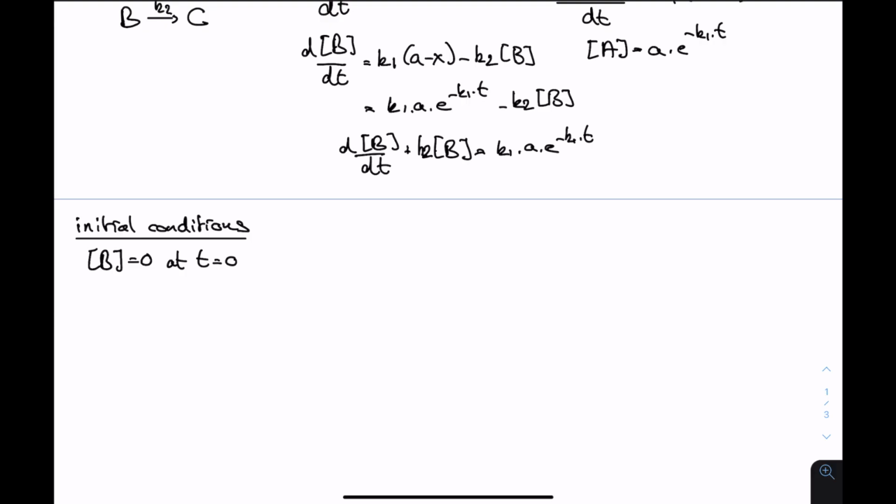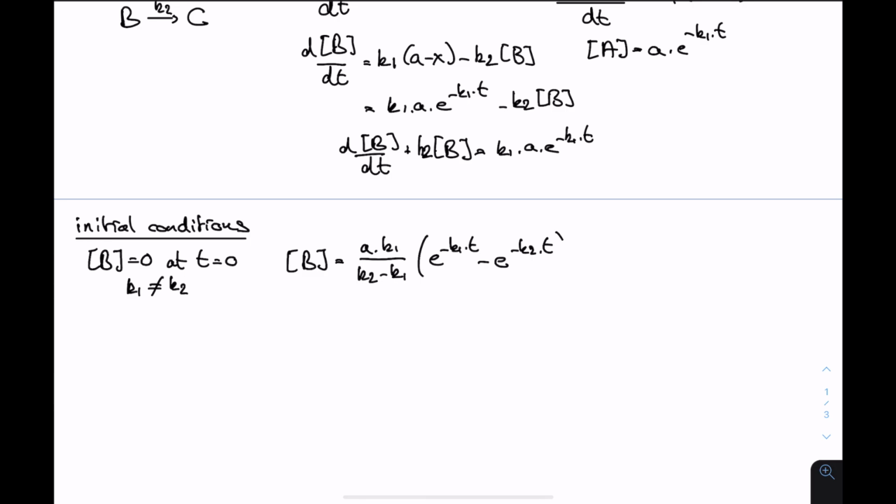If, for the moment, we assume that k1 and k2 are not equal, then the concentration of B will be A times k1 over k2 minus k1 times e to the minus k1 times time minus e to the minus k2 times time. So how do you now get the concentration of C? For that, we can use conservation of mass.